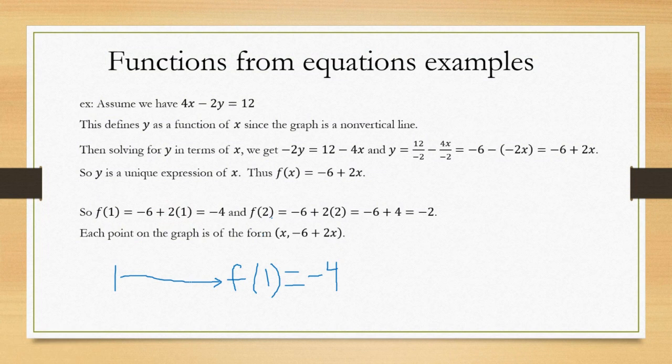And then I do the same thing with 2 as well. Namely, if we have 2 in here, by the formula, f of 2 turns out to be -6 plus 2 times 2. So we get -6 plus 4, which is -2. So in other words, 2 gives us back f of 2.